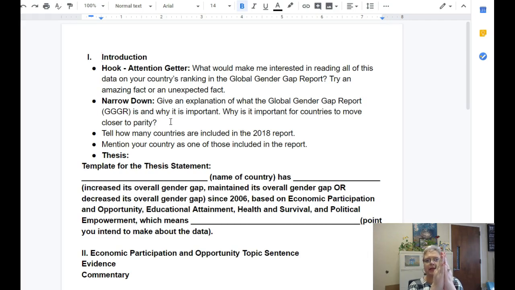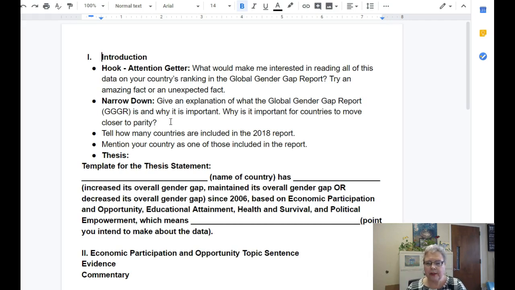So remember, this whole ranking system has to do with parity. Is the gap this wide? Is it this wide? Is it narrowing over the years? Is it expanding over the years? How close to parity are we?